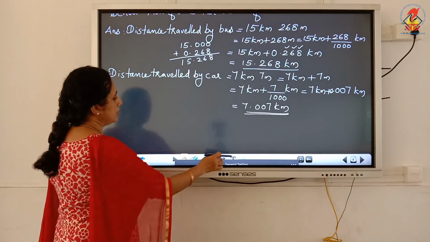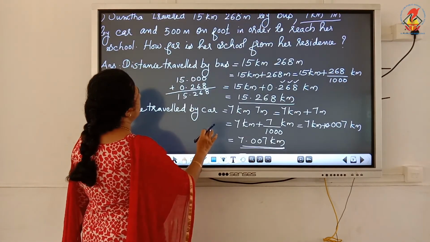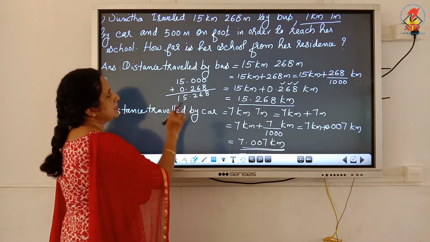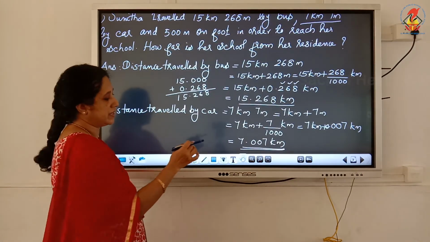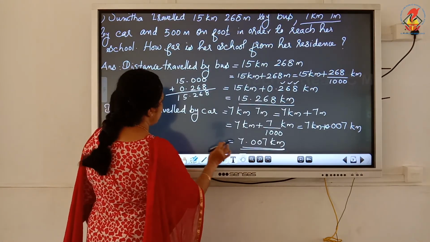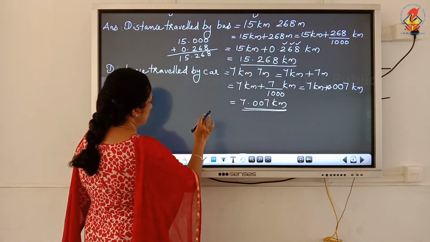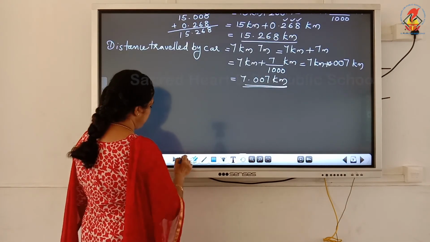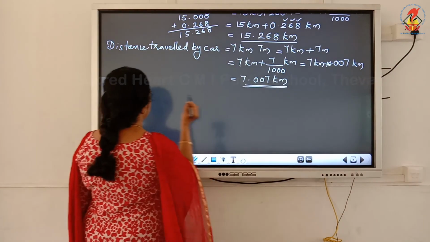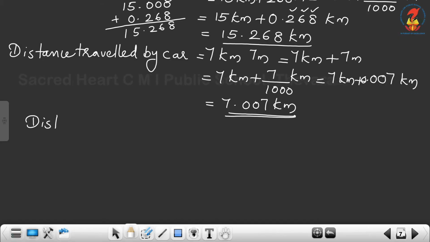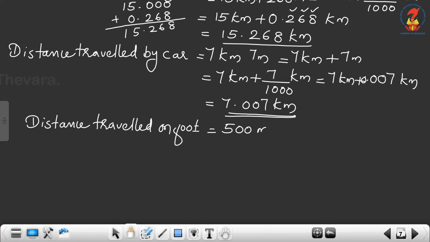Now we have one more distance, the distance travelled on foot. How much is that? 500 meters. So distance travelled on foot is equal to 500 meters.